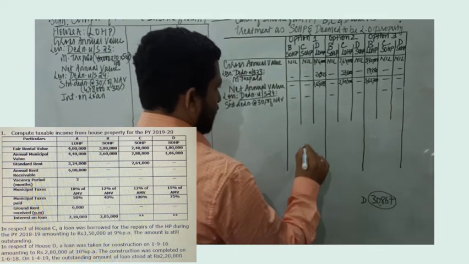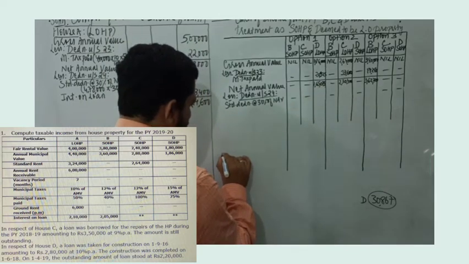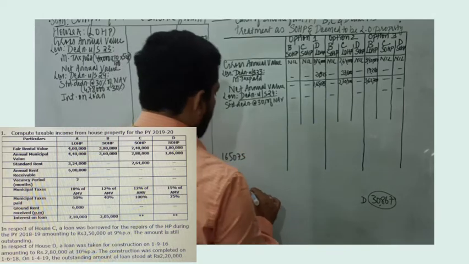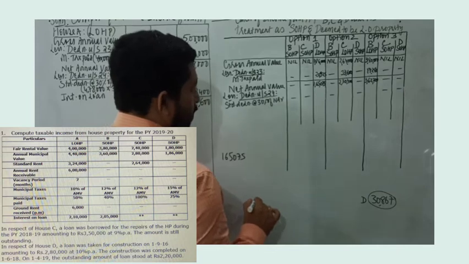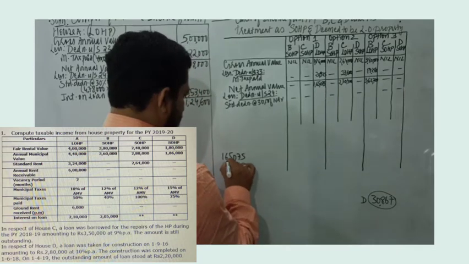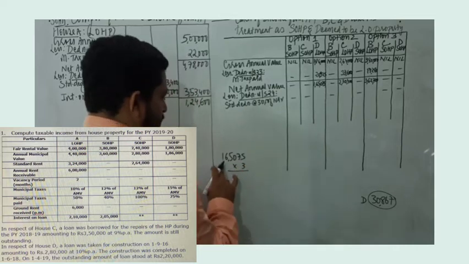As far as house A is concerned, it will be 1,65,075. So I'll just show the calculation here: 1,65,075 into 30%, that would be 16,507.5 into 3.